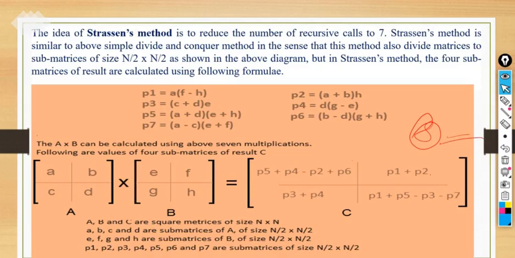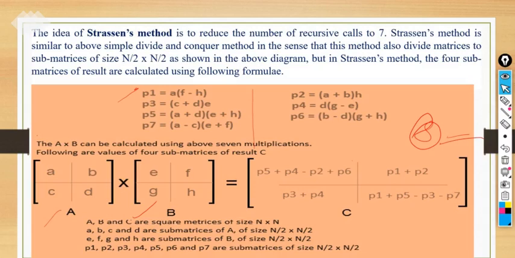Strassen's method is similar to the simple divide and conquer technique, in the sense that the method also divides matrices into sub matrices of size n by 2 by n by 2, right? So here these two are the matrices, and P1 is a value divided into subparts in order to get better clarity on what the 7 things could be.